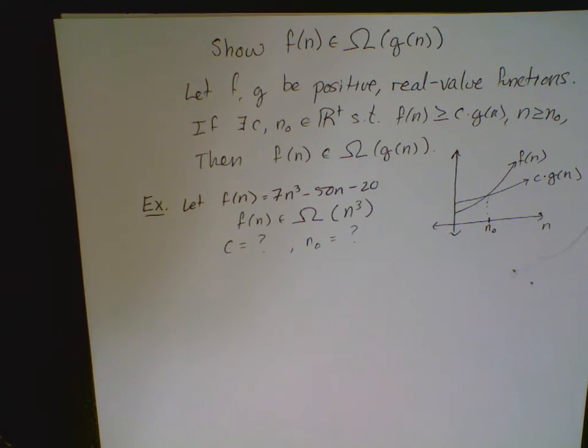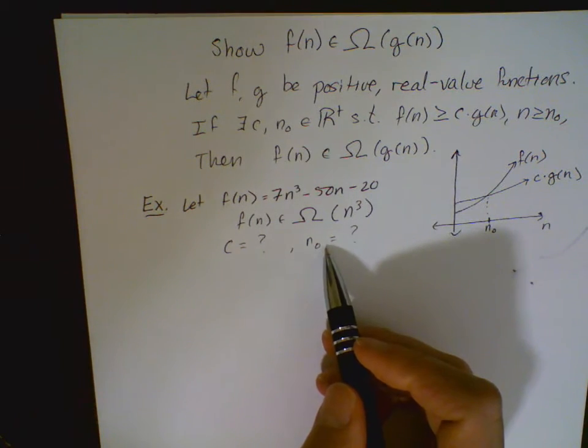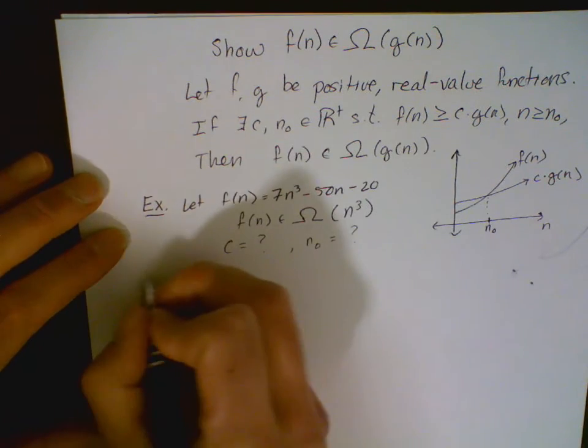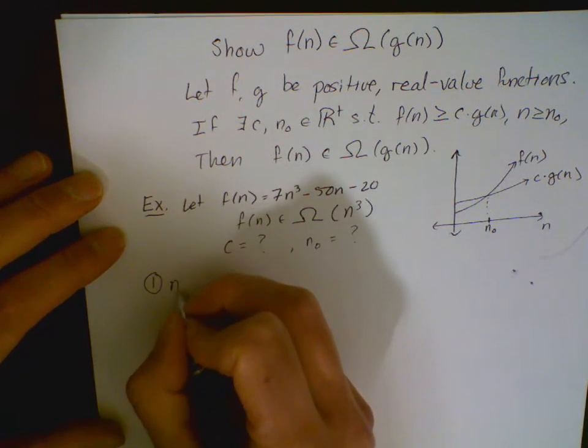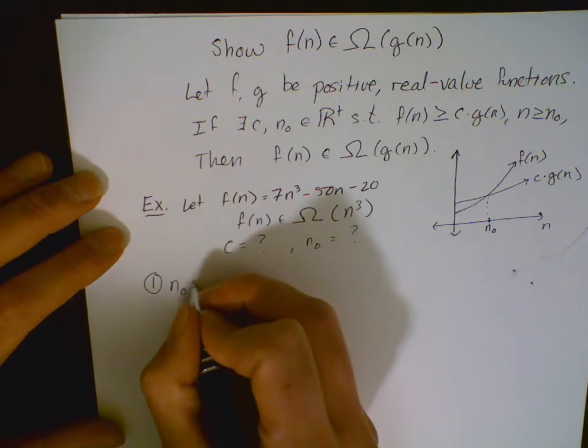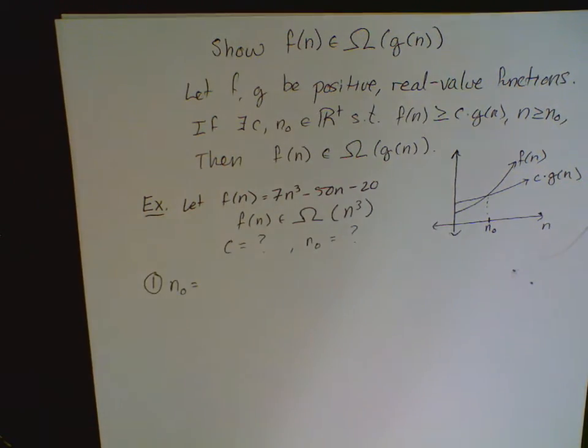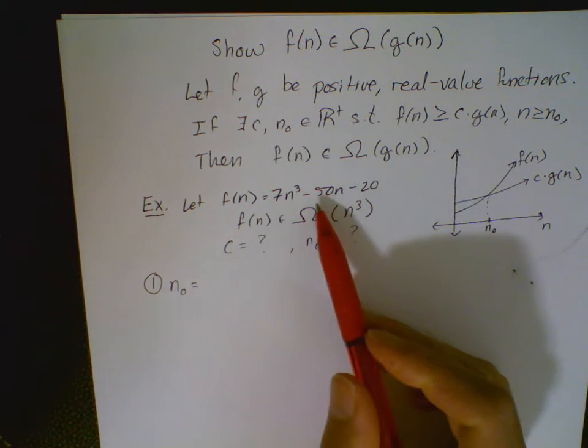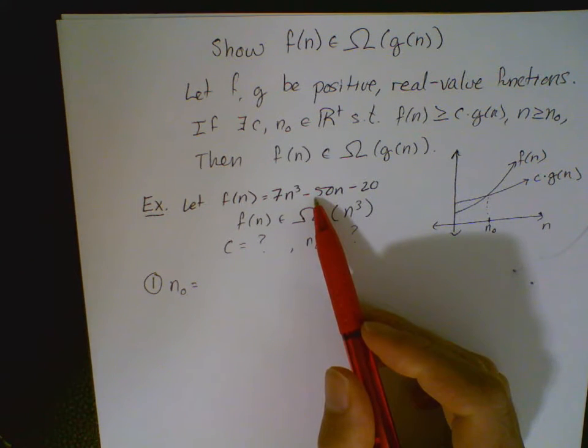For this example, I'm going to find out what n naught is first, using this algorithmic approach. I'm going to set n naught equal to a specific value, created using the coefficients in f of n.